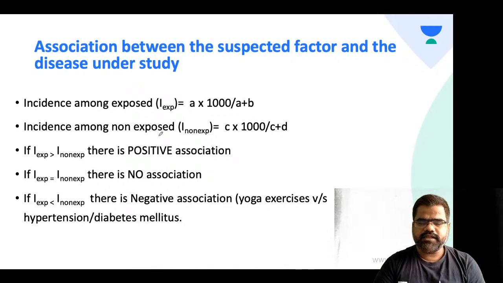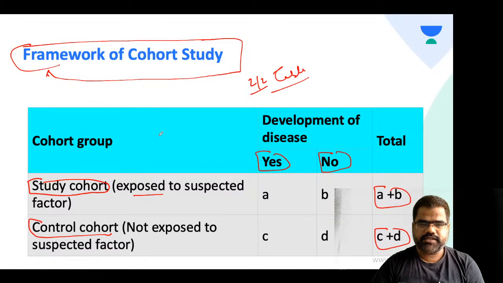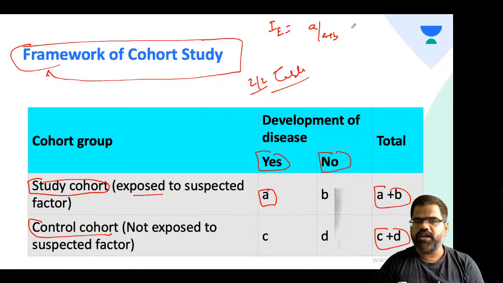Let's come to this slide first. If the study cohort total population is A plus B, and in A plus B, the number of people who develop disease is A, then the incidence in the exposed group is A divided by A plus B, and you can multiply by 1000.